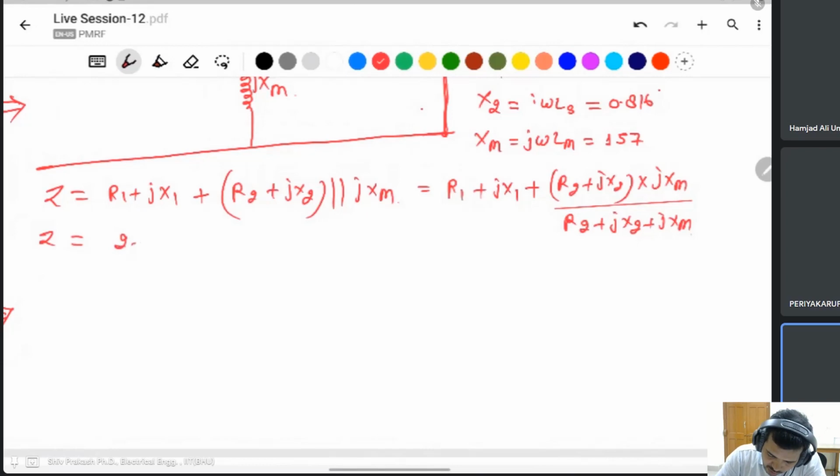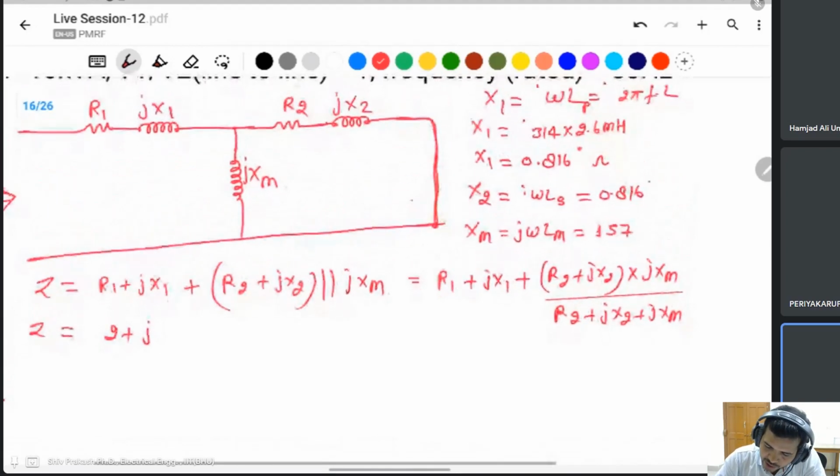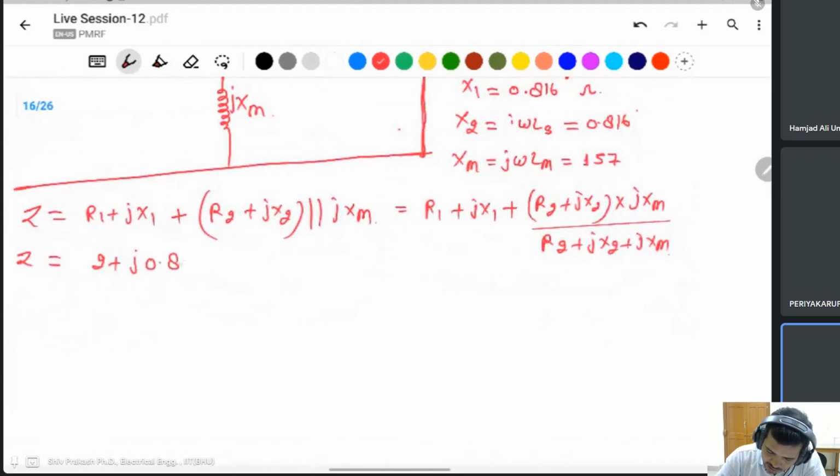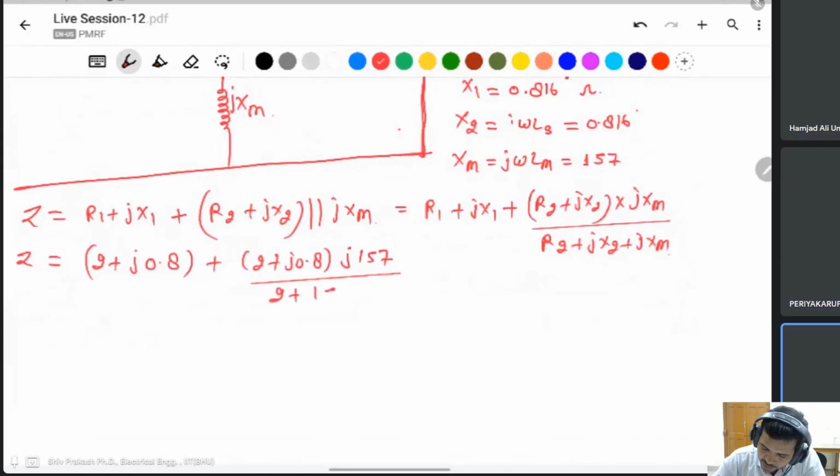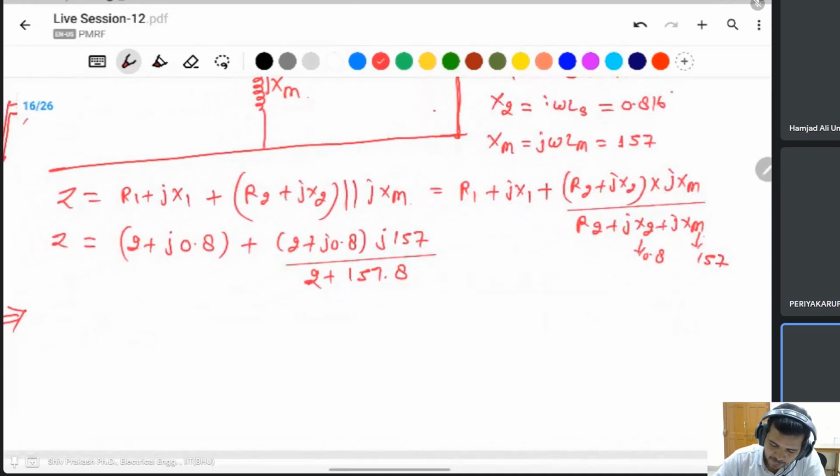R1 is 2 plus jX1 is 0.8, plus 2 plus j0.8 into j157, divided by R2 2 plus j157.8. This is the 0.8. This is the 157. So this is j.